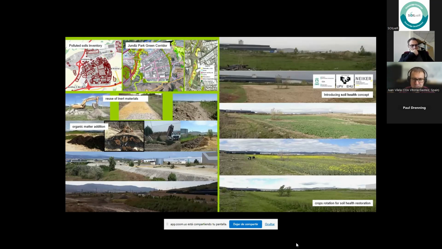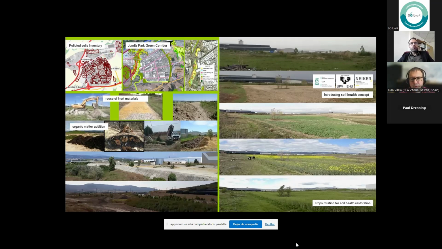So trying to understand that this is a three-part ecosystem, and that if we wanted to restore and bring these ecosystem services, we needed to increase the health of the soil. So we started doing just a pilot project of 1 hectare by increasing the organic matter, trying to feed these microorganisms and do a rotation of agricultural crops in this kind of industrial area.